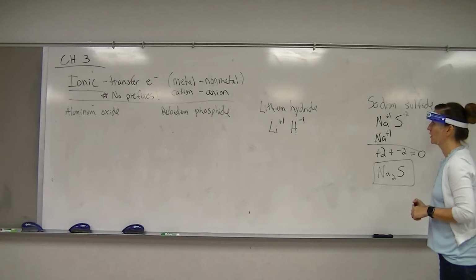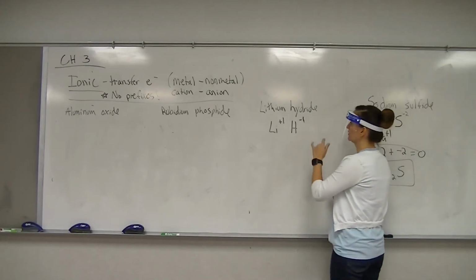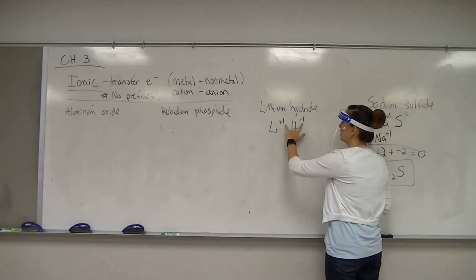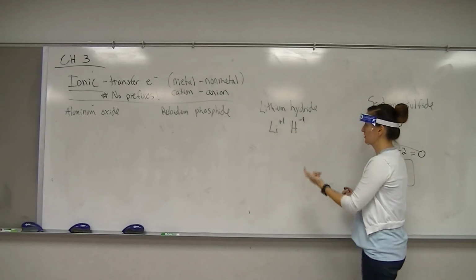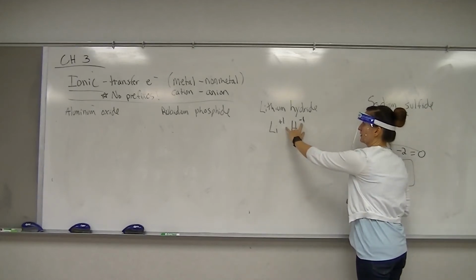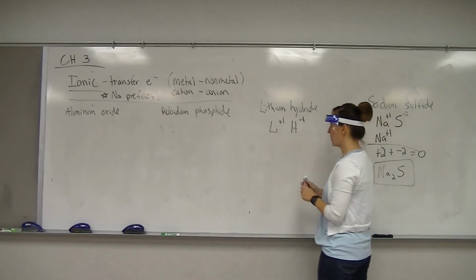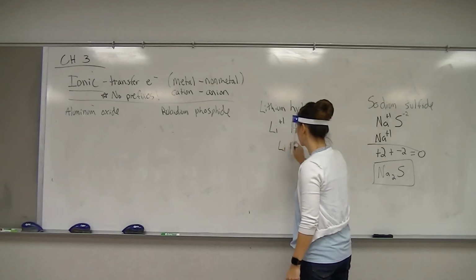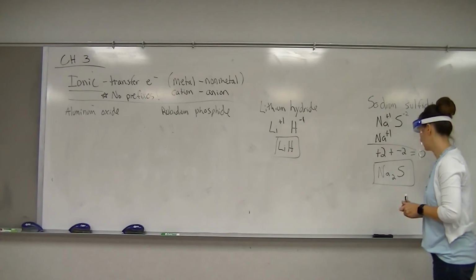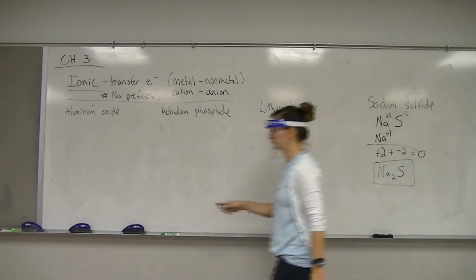Now, to figure out the chemical formula, looking at these charges, do they cancel each other out as is? This time they do, so I just need 1 of each. My chemical formula is as simple as LiH. It's kind of done for me on that one.